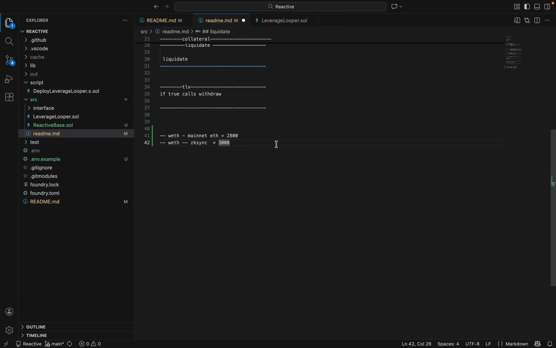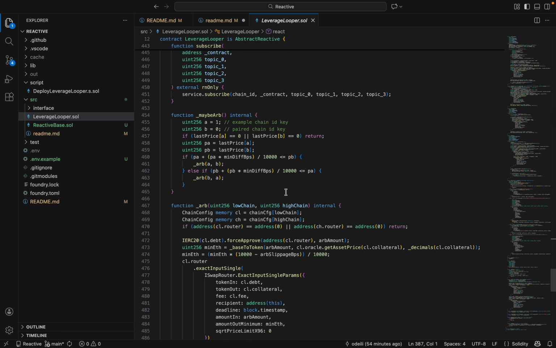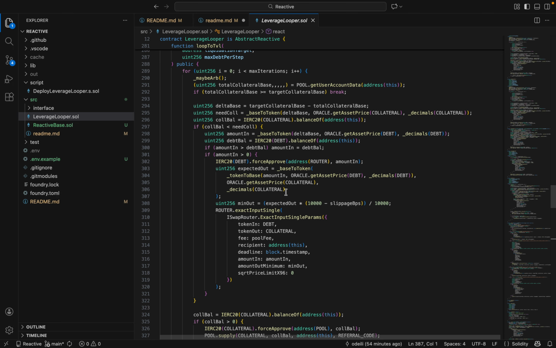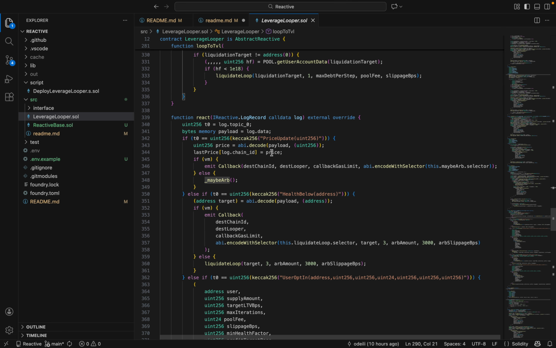So after buying on mainnet, we swap that Ethereum for USDC on ZK Sync, meaning we've made like $200 on it. So that is what happens. We do that a couple of times. The user can specify how many times they want to do that, or it's also a constant that can be changed. The app checks for that and does it a couple of times.